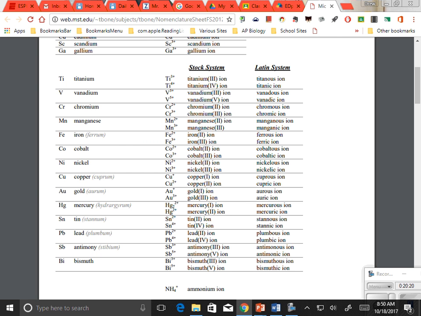And if you ever wonder why, you probably can't see this in the back, but if you ever wonder why something like gold is Au, well, because of the Latin name Aurum, A-U-R-U-M. That is gold in Latin. So that is why gold has the Au.